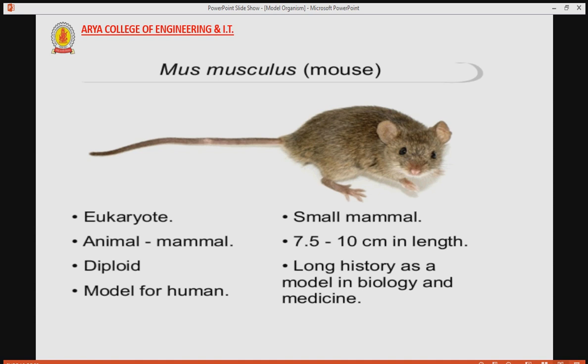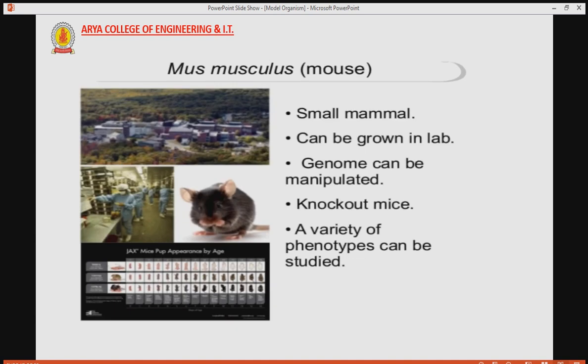It requires very little food and can survive in laboratory conditions. It has a long history as a model in biology and medicine. As it is a small mammal, it can be easily grown in the lab. A variety of phenotypes can be studied, meaning the physical appearance of the mouse is called its phenotype.